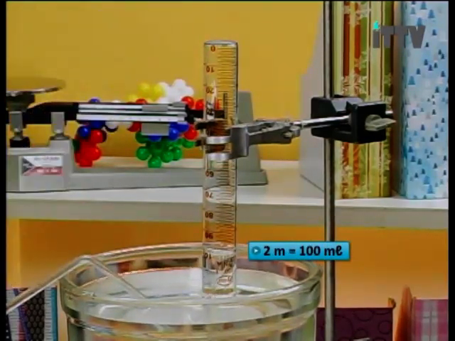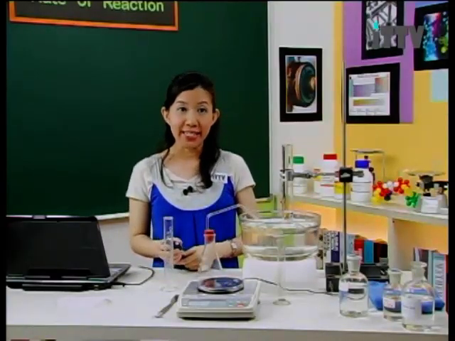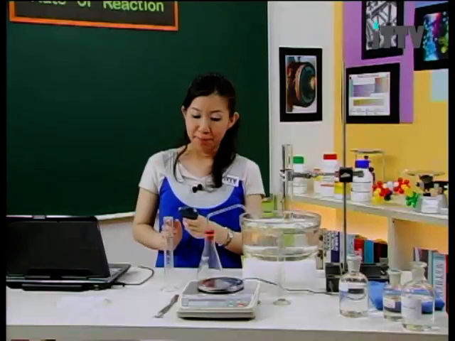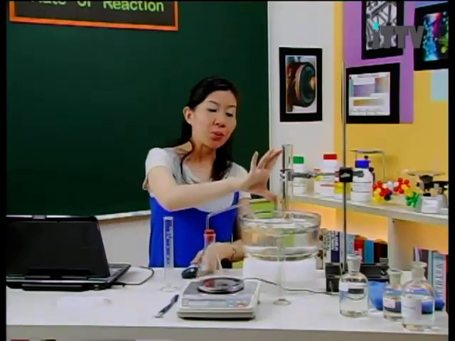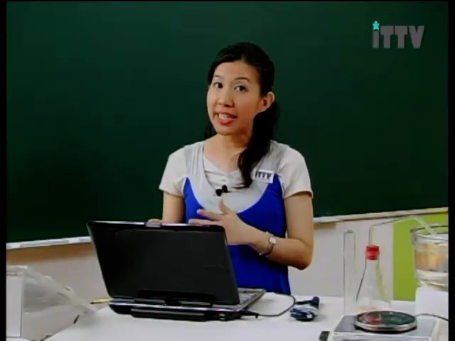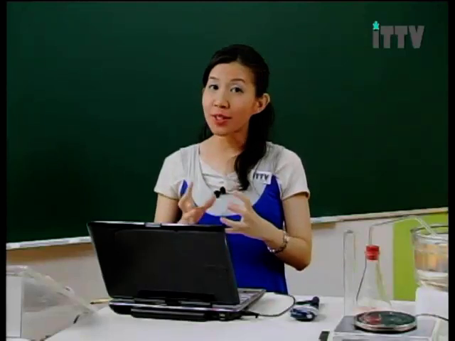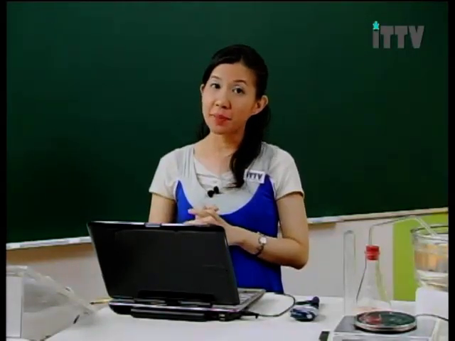So the rate of reaction, as you can see, is so high using fine calcium carbonate. So that's our last reading. It didn't even reach 4th minute, and it already accumulated 100 mils of carbon dioxide. So we finished both experiment A and B. Experiment A uses coarse calcium carbonate, and experiment B uses fine calcium carbonate.